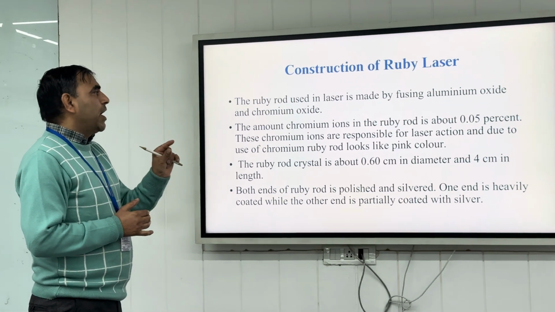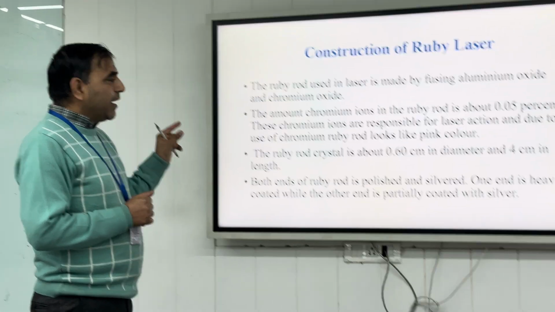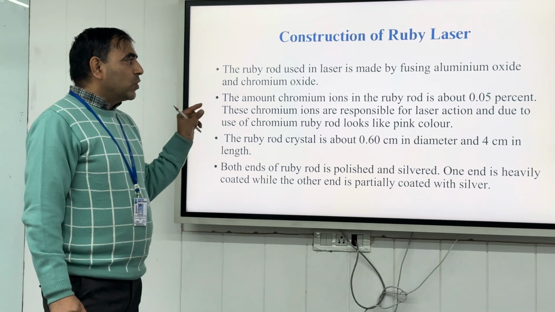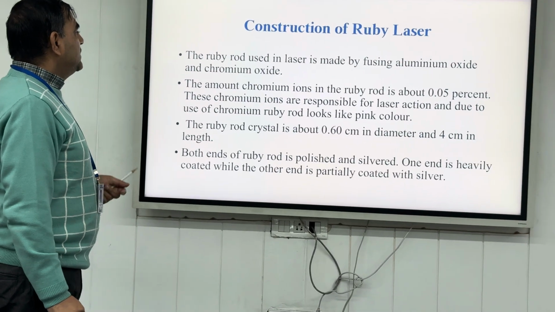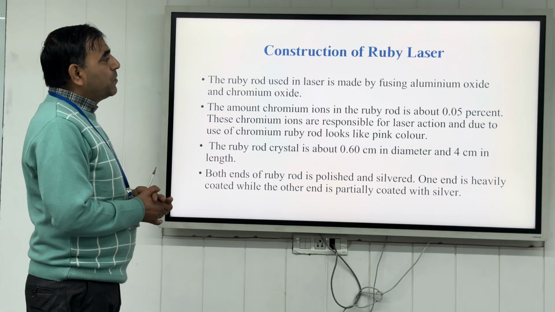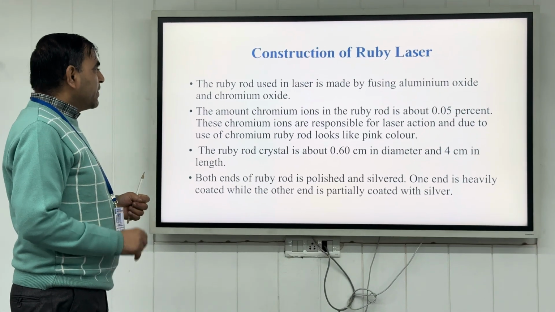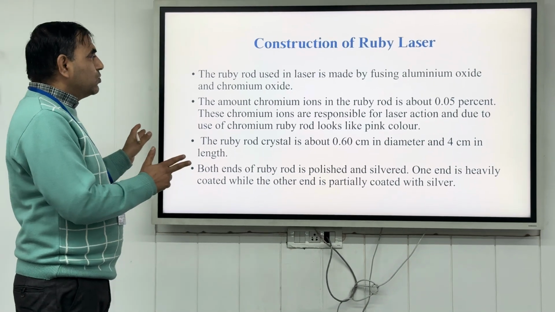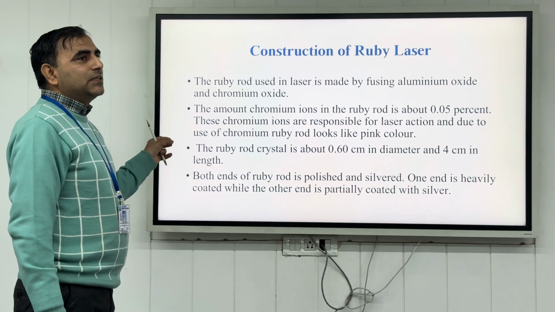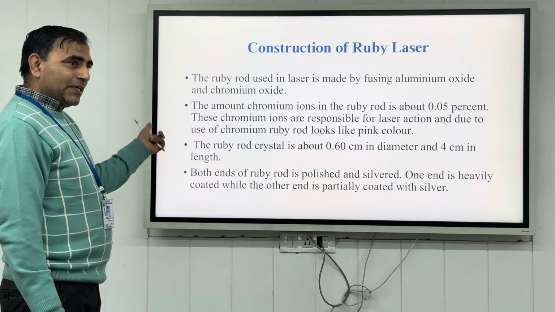That is a very small quantity. These chromium ions are responsible for the laser action, and the ruby rod's color looks pinkish.